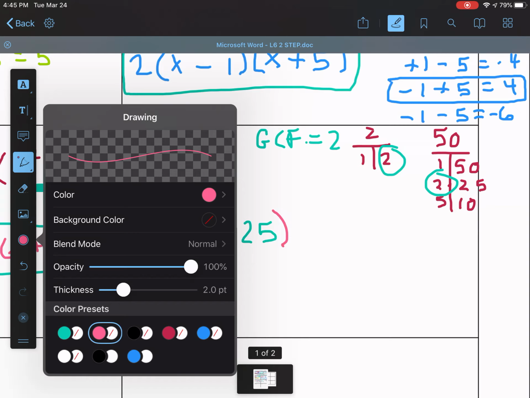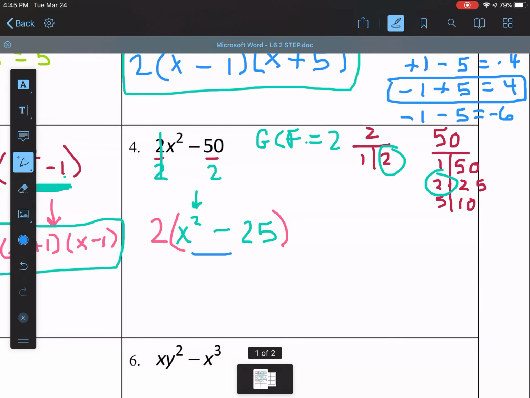I'm looking at the x squared minus 25, and that is going to be, I'm giving you a chance to think, and I'm waiting for someone to call out. Yes, that's going to be dots. Very good. Okay, so we have a difference of 2 perfect squares. All right, so our square root, I'll do this over here, of x squared is x, and the square root of 25 is 5.